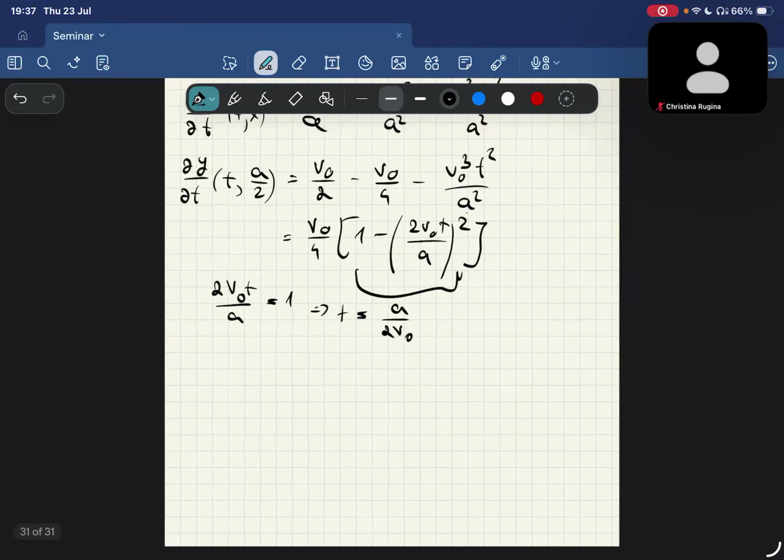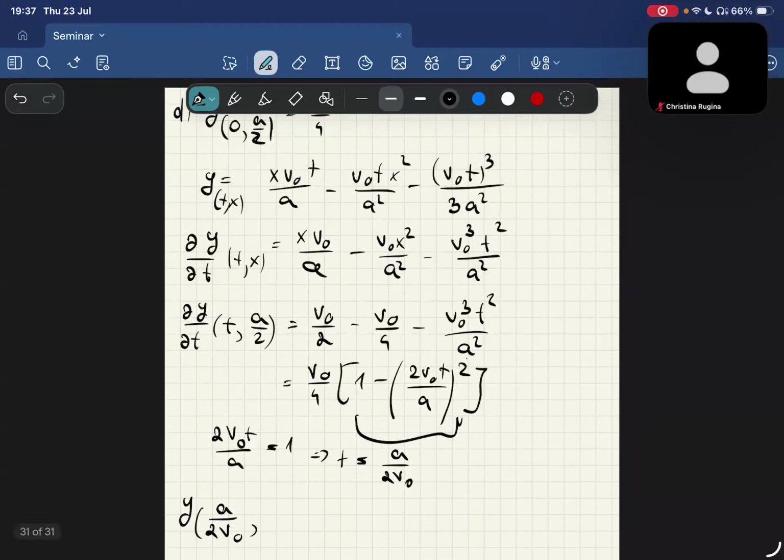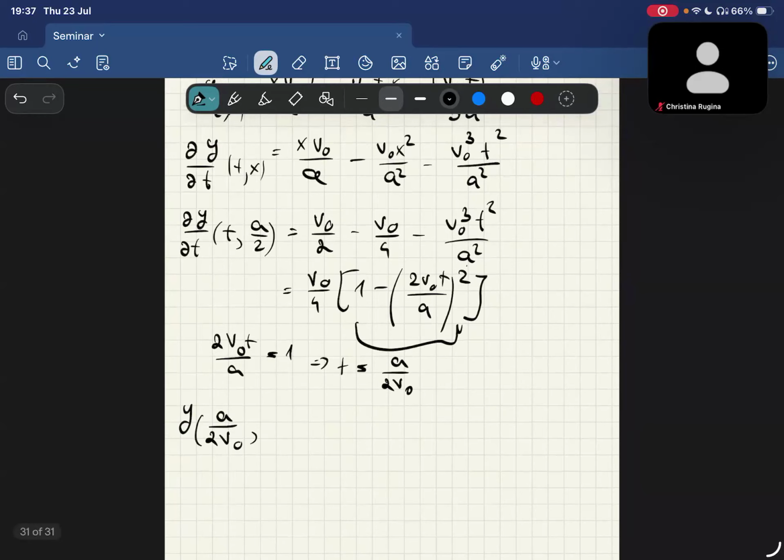So doing this, we get y of a over 2v0 and a over 2.